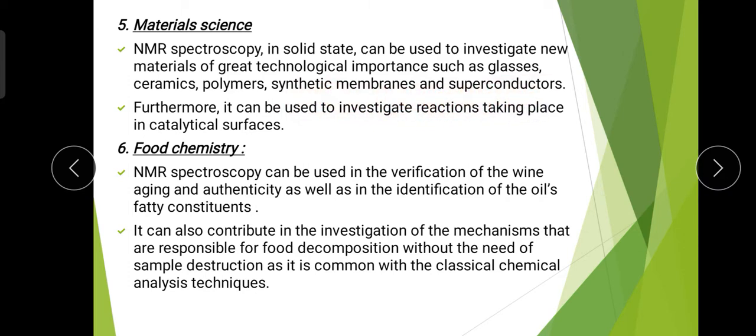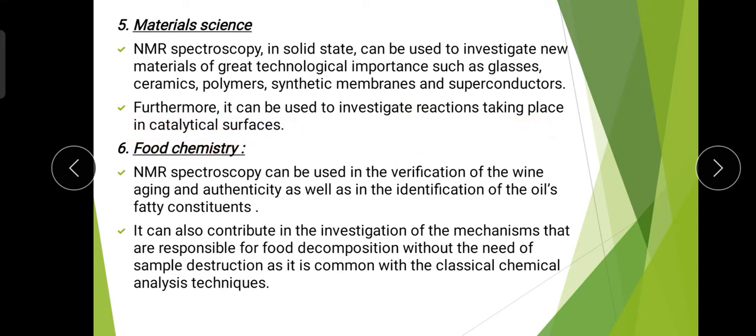That means we can investigate these different materials with the help of NMR spectroscopy, and all of them are in the solid state. Furthermore, it can be used to investigate reactions taking place on catalytic surfaces.